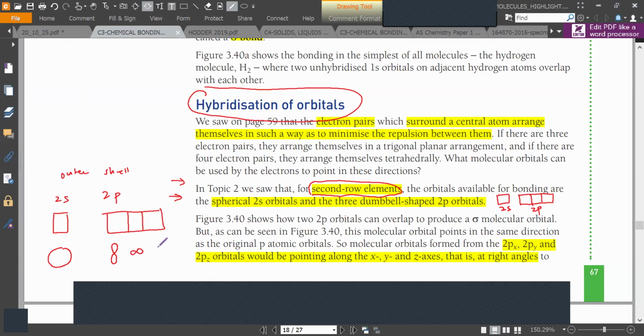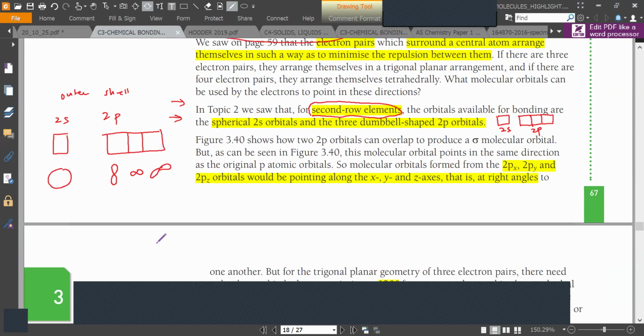The dumbbells are at 90 degrees to each other, and the s orbital is spherical.